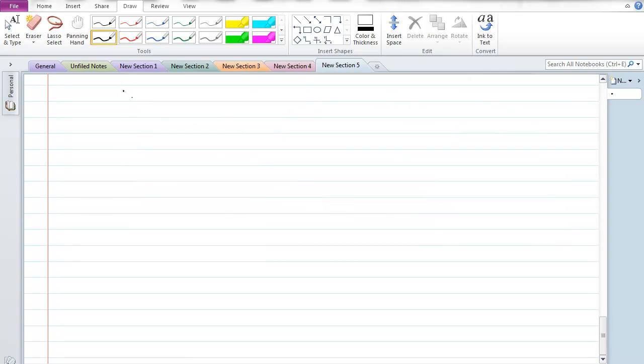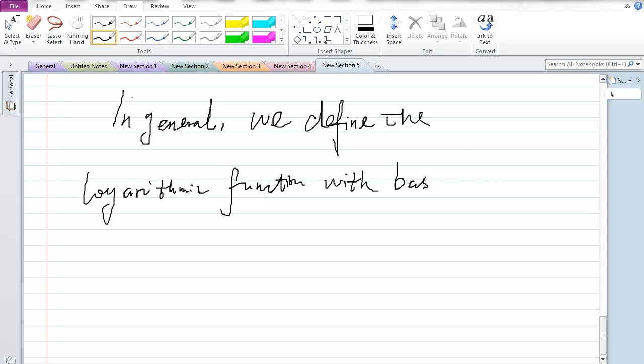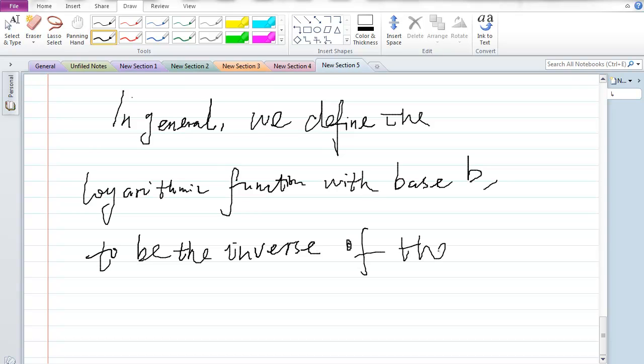And in general, we usually define the logarithmic function with base b to be the inverse of the exponential function.